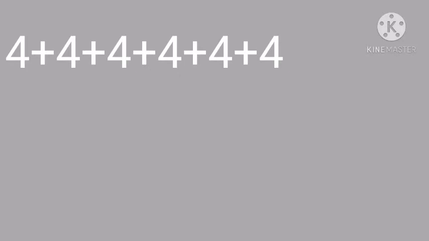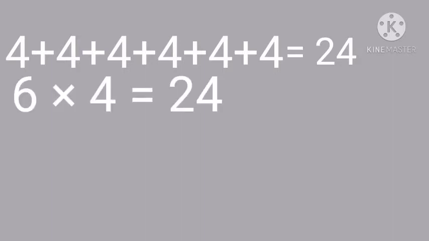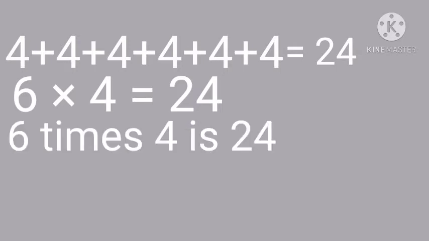First, we have to write it like this: 4 plus 4 plus 4 plus 4 plus 4 plus 4. That is equal to 24. But in multiplication, we write it as 6 into 4. That is equal to 24. Or we can say 6 times 4 is 24.